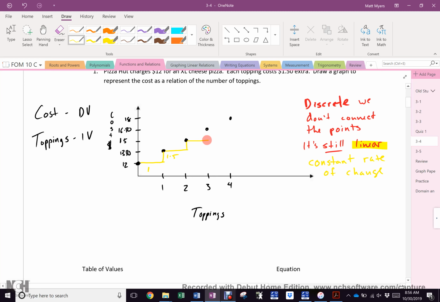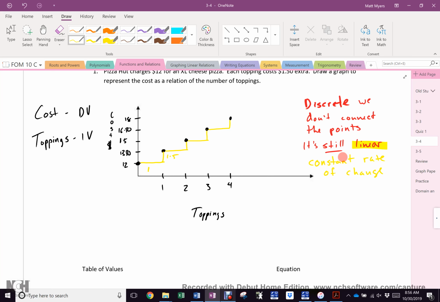Every time. That is what makes a linear relation. Does everybody understand? It's not whether or not it has a line. It's whether or not the rate of change is always the same and predictable. Everybody cool? Everybody understand?